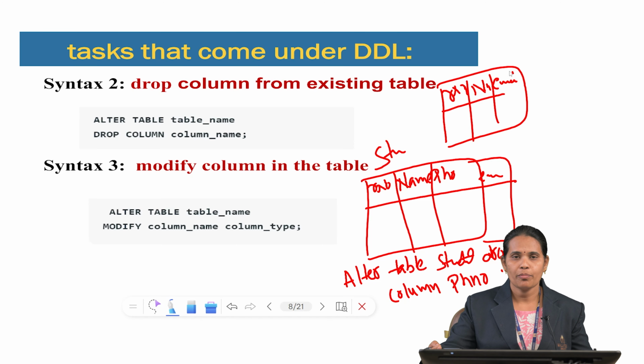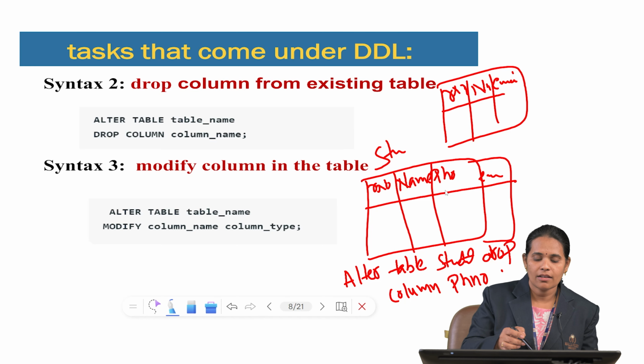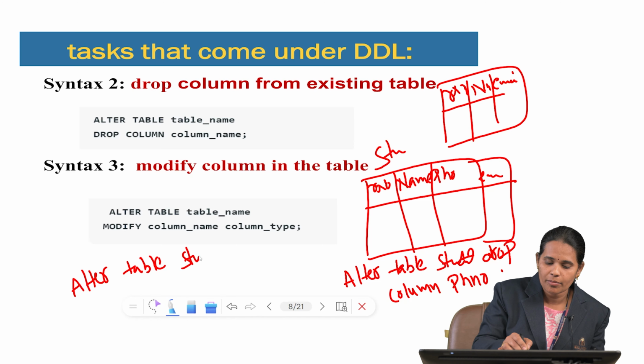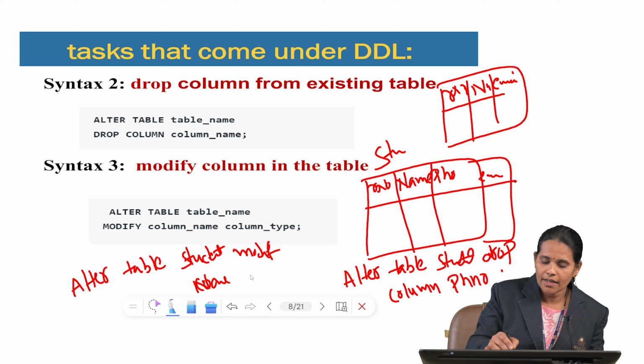Next, suppose I want to modify the column name in the existing table. That also we can do with the help of alter. So the syntax is alter table, name of the table, here we need to mention modify, and column name and data type.